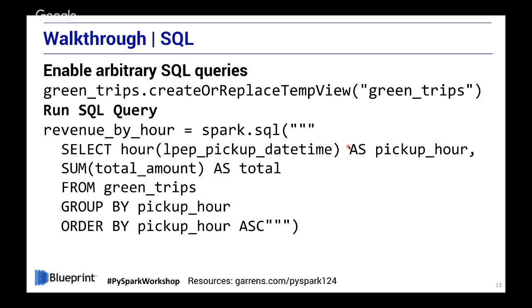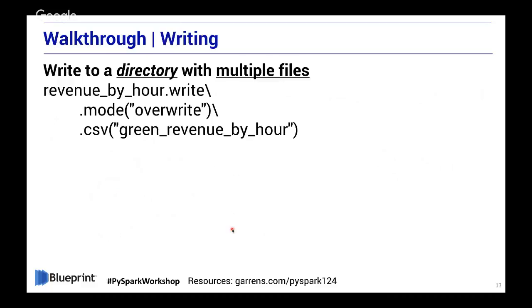So we can do this sort of hacky way, or nice way, I guess, of being able to use the new column name that we just created, which was pickup hour. Then we're going to just order by pickup hour ascending, so that we can look at from hour 0, which is midnight, to 23, which is 11 p.m. of that day. So we can see how much money we're making per hour.